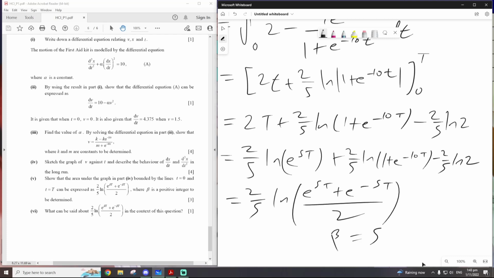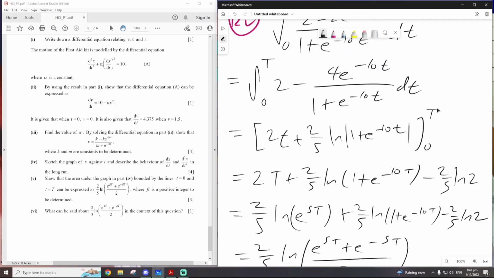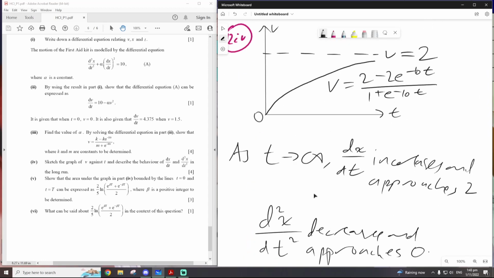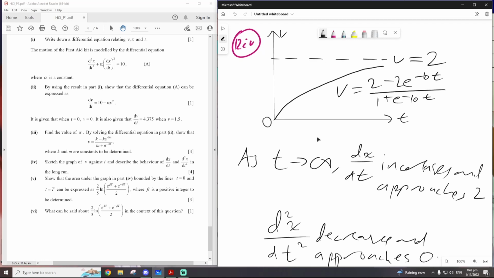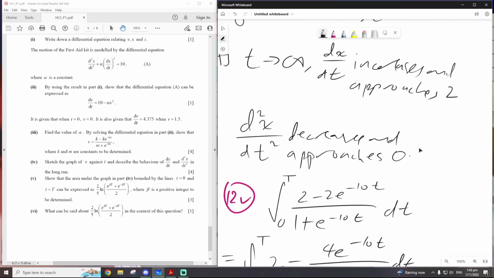Okay? And what can you say about this in the context of the problem? Well, it is the area under the curve of the v graph, right? We learned from eMath, and a few other places like physics, that the area under a speed-time graph is the distance traveled.